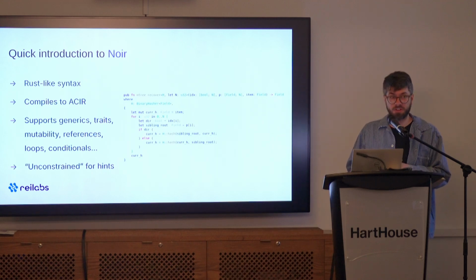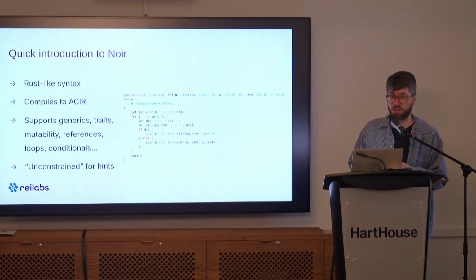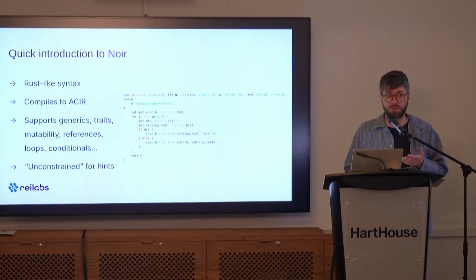And then the last feature that makes Noir a ZK language, in addition to compiling to ACIR, is this ability to have unconstrained code. So there's no example of unconstrained code here, but you can write sort of like unsafe blocks in Noir. That's kind of like unsafe blocks in Rust, but instead of circumventing the borrow checker, it's going to be generating some unconstrained prover hints for the circuit in the end.